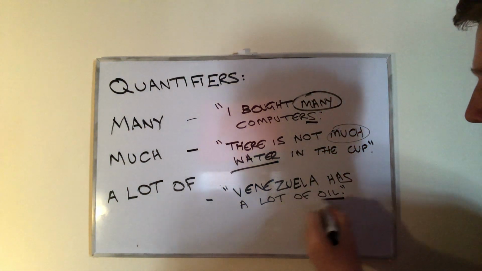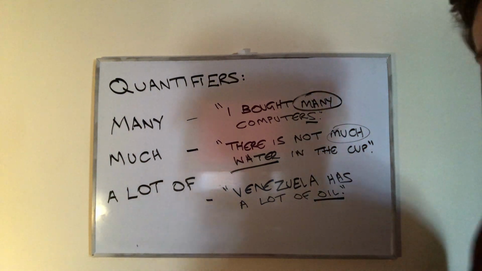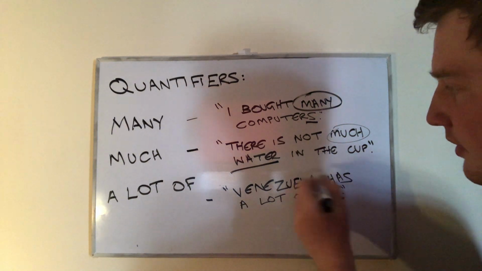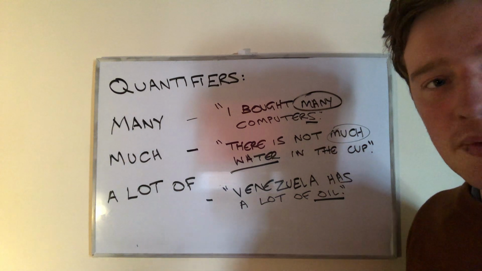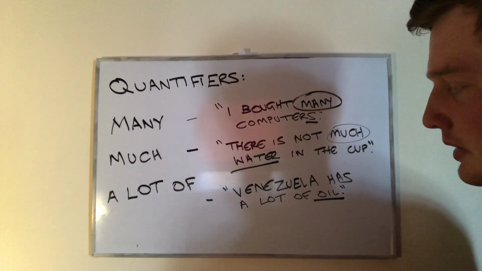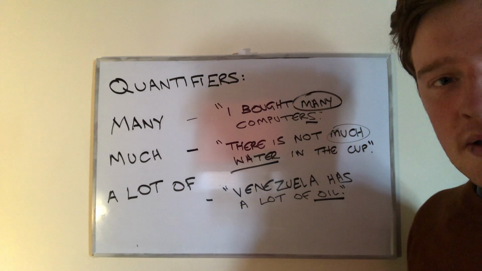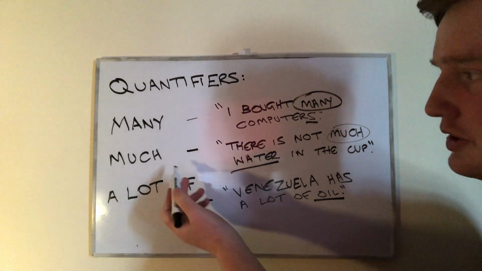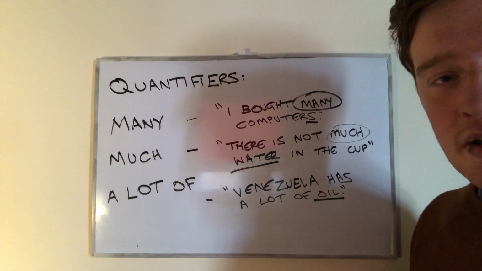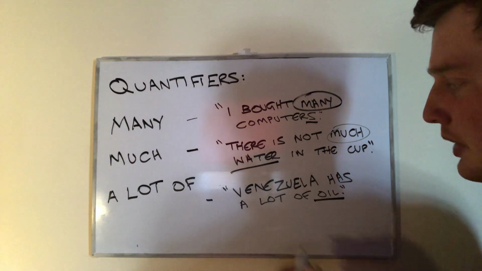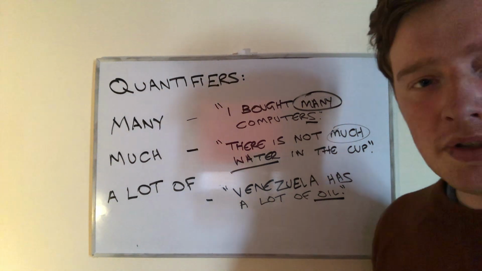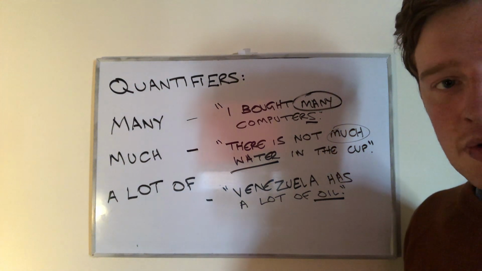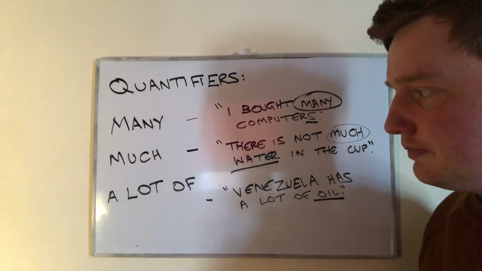So the noun there, oil, is it countable or uncountable? Well, in a very similar way to water, we can't count oil, can we? So therefore oil is an uncountable noun. We could say much, technically, grammatically that would be acceptable, but we could also use the quantifier a lot of. And arguably in this case a lot of would be a more natural choice.